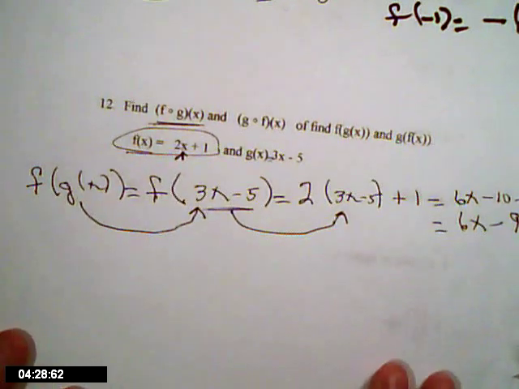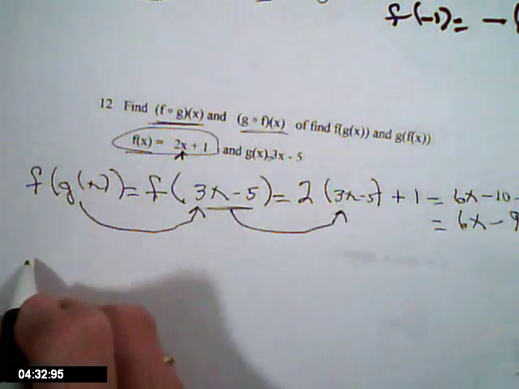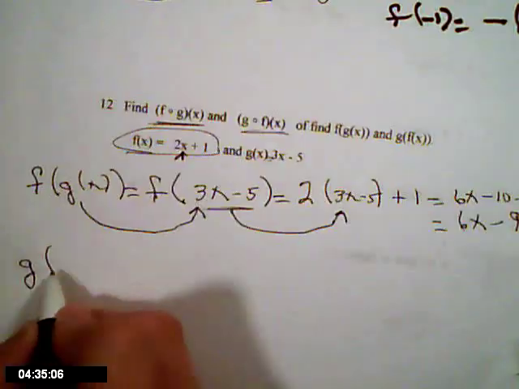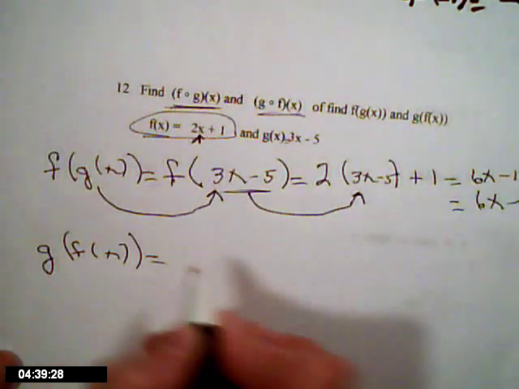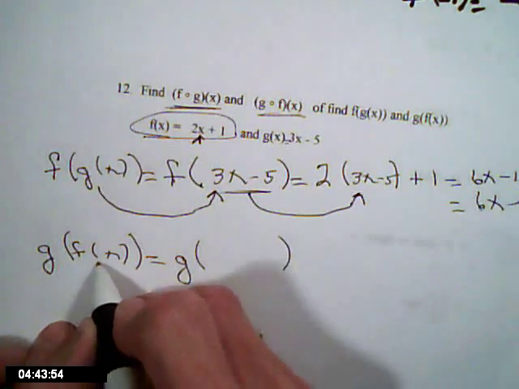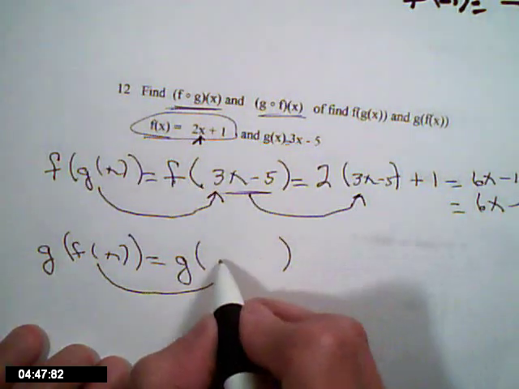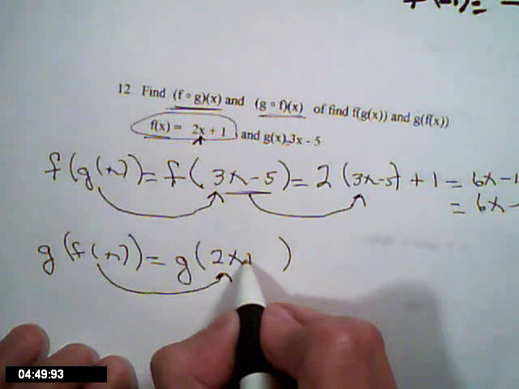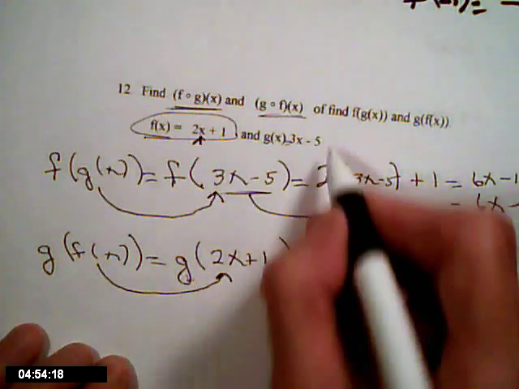Now let's do the second part. This is going to show you that order is important. This time it asks us to find g of f of x. Remember, we're starting inside. First, I take f of x and put its replacement right here. Well, f of x is 2x plus 1. Now my roadmap says I go to function g, which is this one.